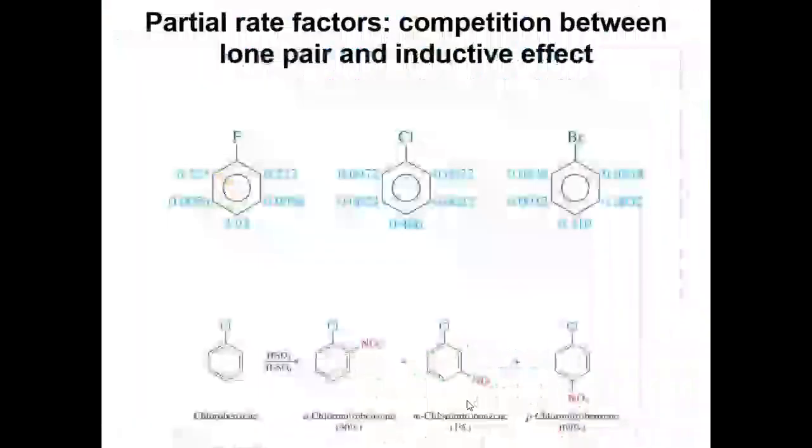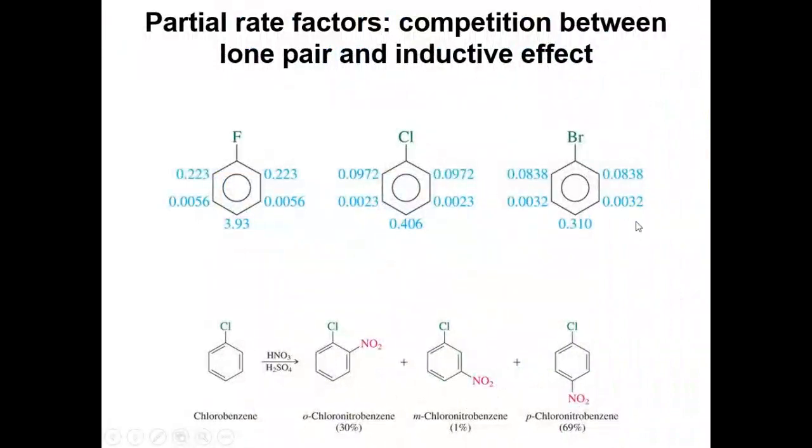And if you look at the three halogenated benzenes, fluorobenzene is the most reactive one, followed by chlorobenzene, followed by bromobenzene, because of the resonance effect from the halogen lone pair.